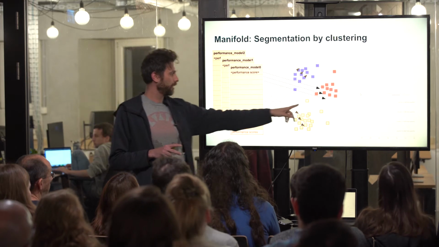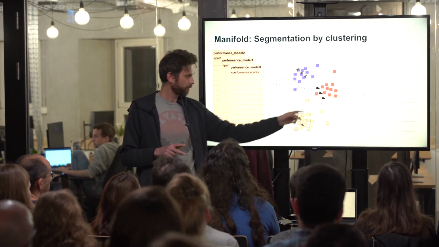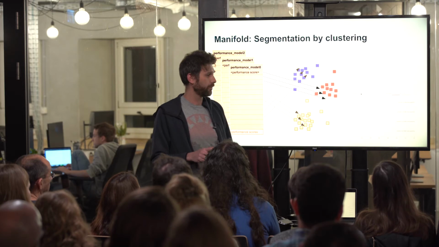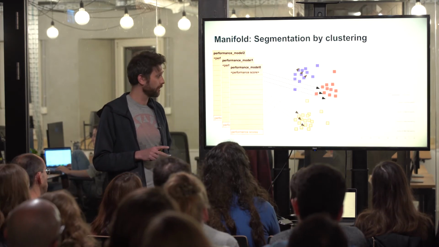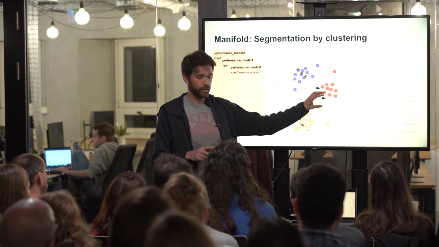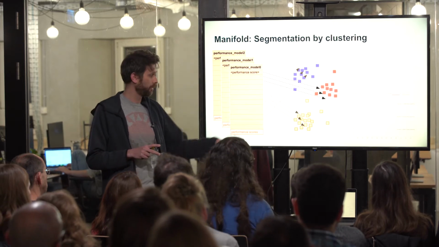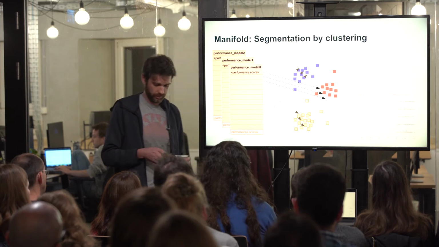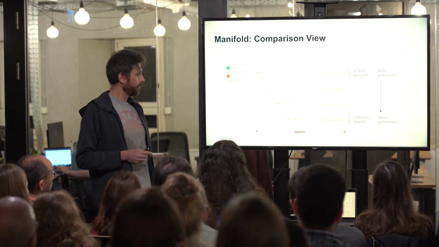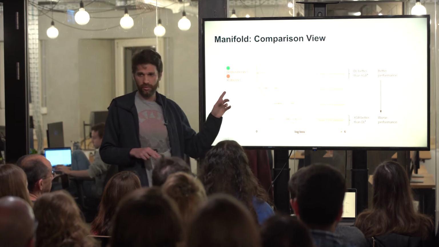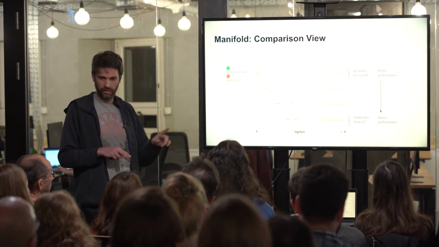So what we can see here, and this tool has a visual interface, is that once you change the number of clusters, the system automatically groups them into similar sub-segments. And then what we can do on those segments is to visualize and compare the difference between the models.